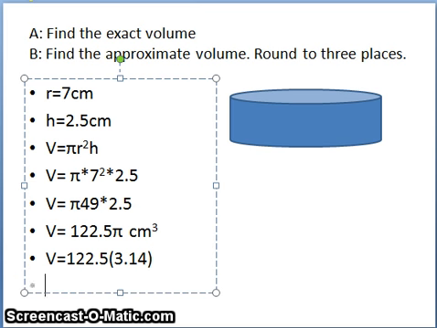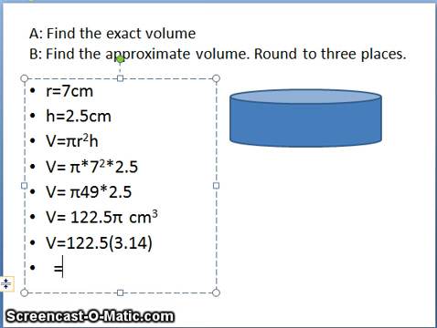And when I do that, in my calculator I'm now multiplying by 3.14, and I get 384.65 centimeters cubed. Now it said to round to 3 places. This is a funny thing. I don't actually have 3 places, so I don't really need to round.